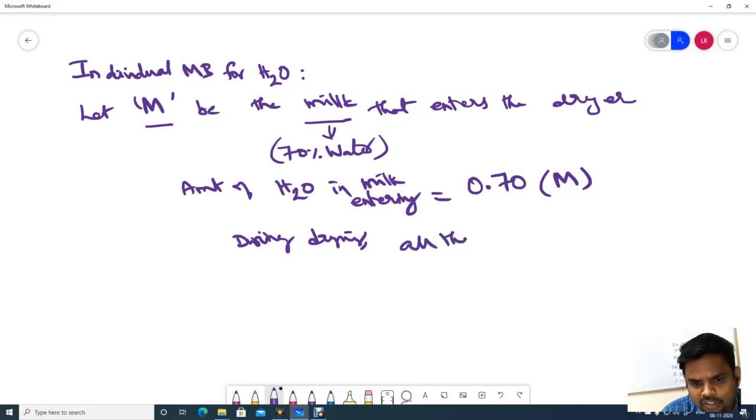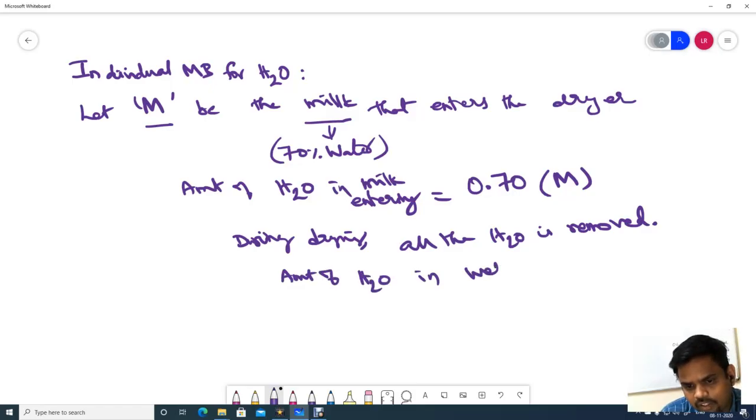And remember, during drying all the moisture is removed, and we have calculated the amount of water removed to be 1323.4 kg per hour.